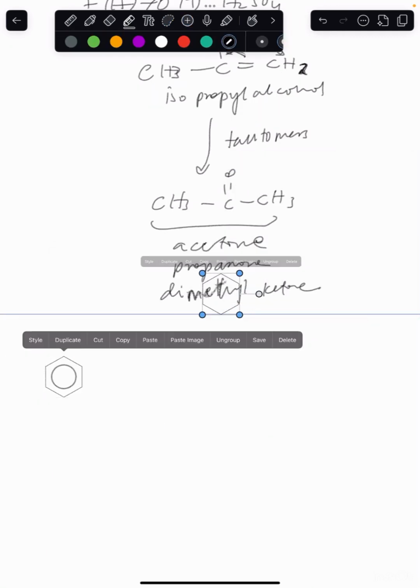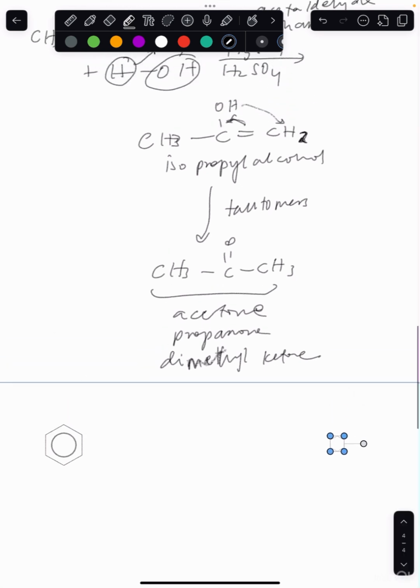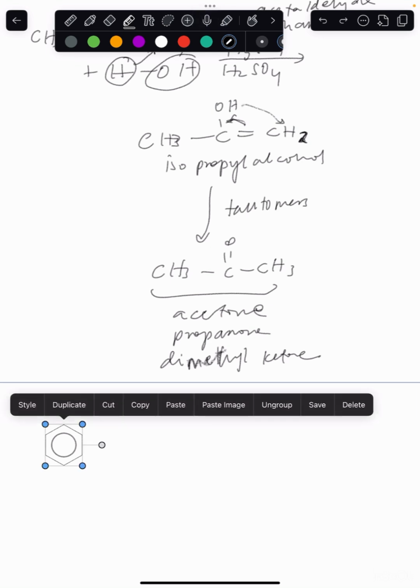Now, if we have methyl aryl ketones, we can also form acetophenone with it, or corresponding ketones as well.